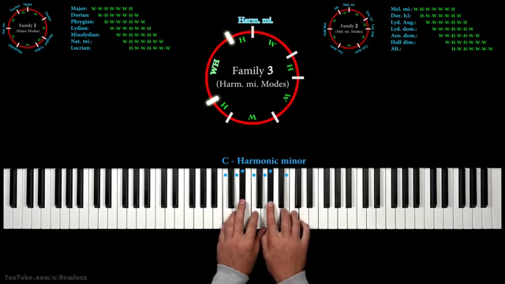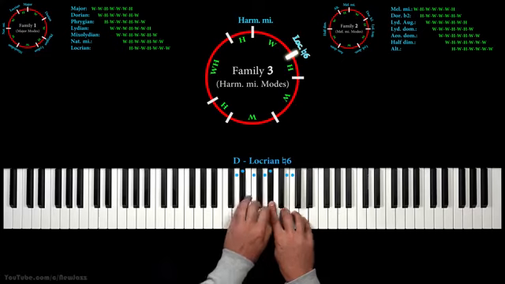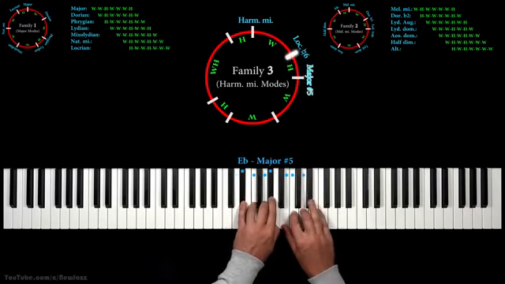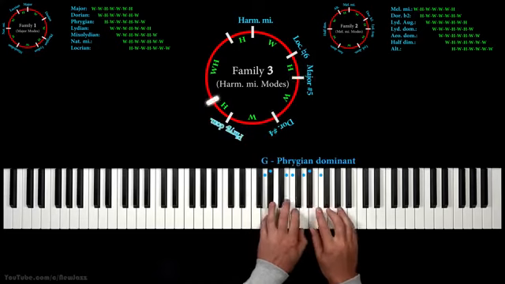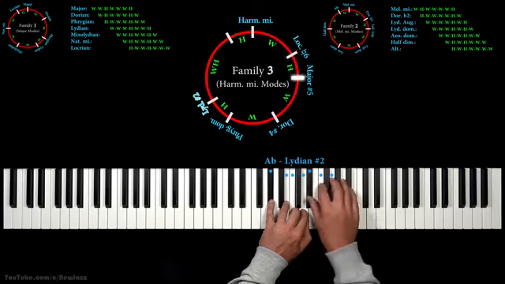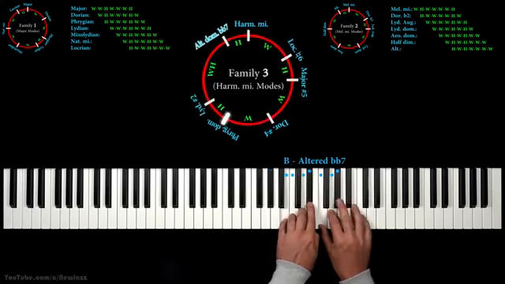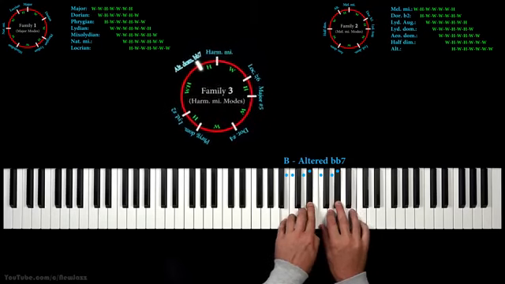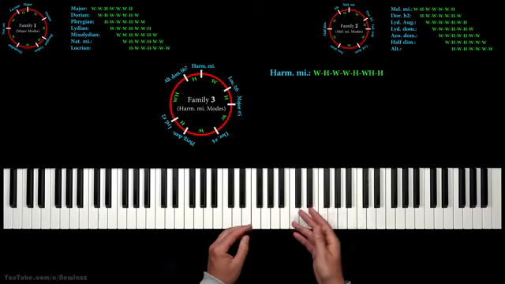Now, let's locate our family members. 2nd degree, 3rd degree, 4th degree, 5th degree, 6th degree, and the 7th degree. Let's write down the interval steps of each scale.